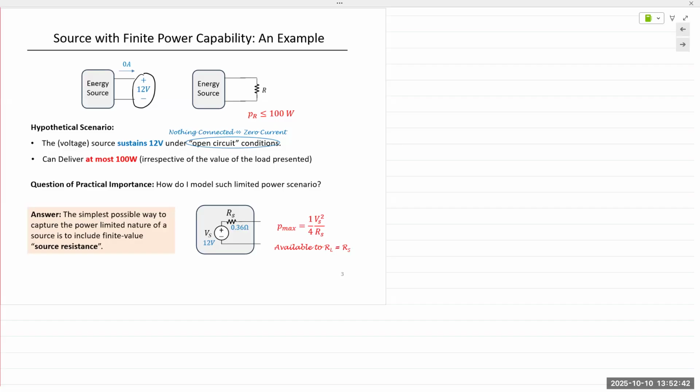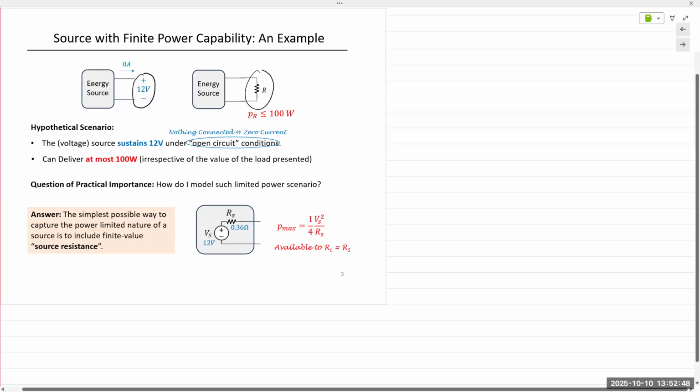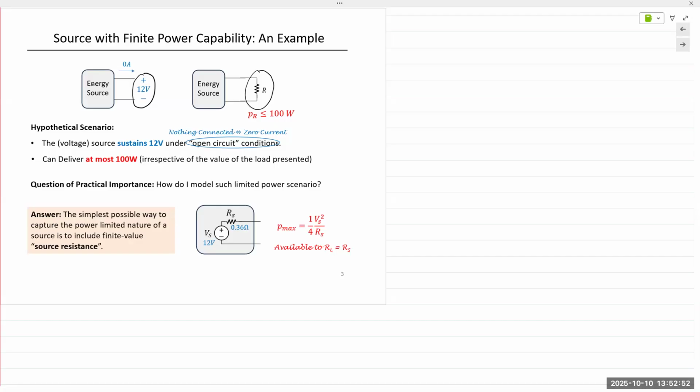Let's say now that we model it as having a resistance R, and this real life source can only supply a max of 100 watts. So equal to or less than 100 watts. No infinite power, a limitation on the power.